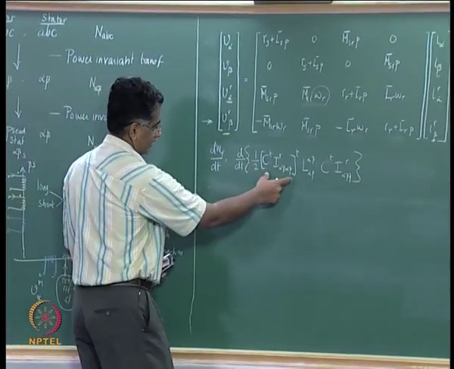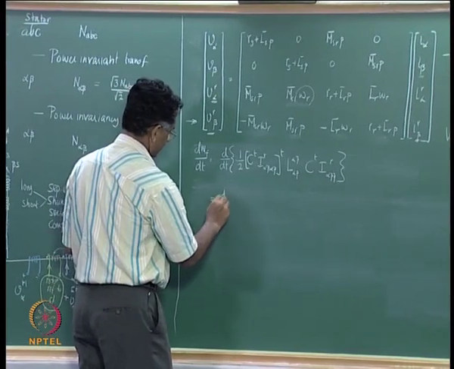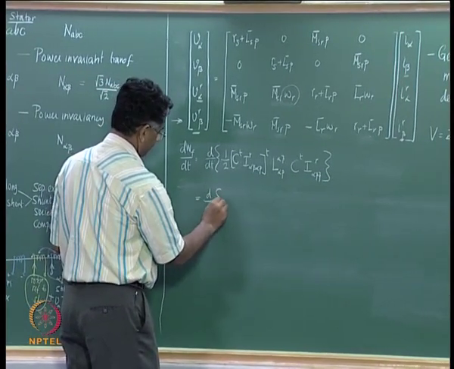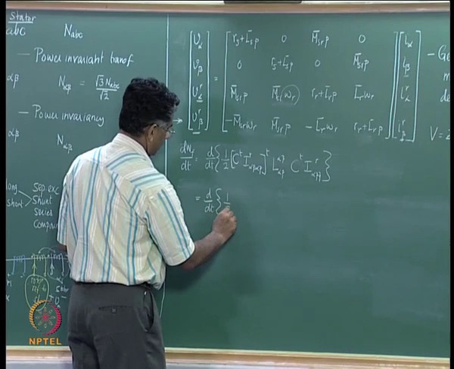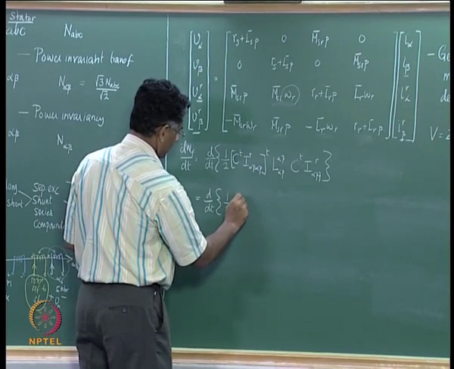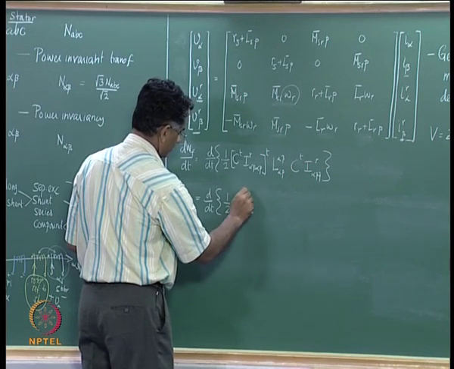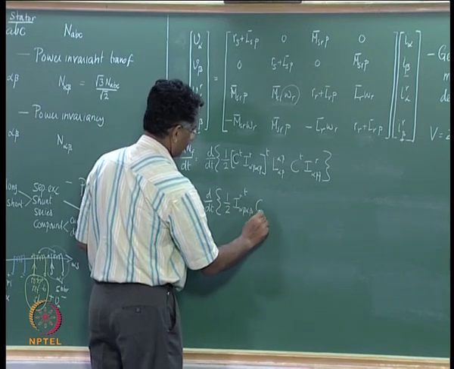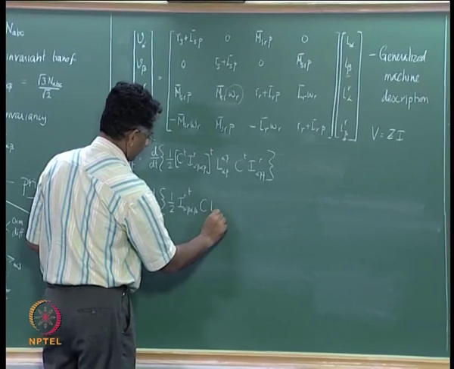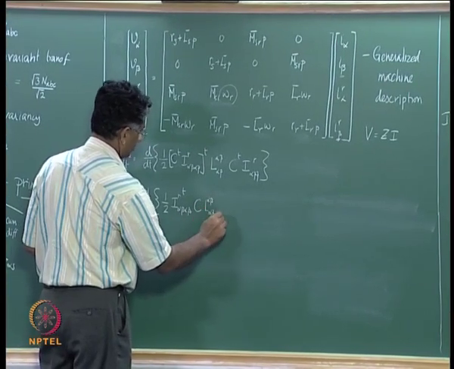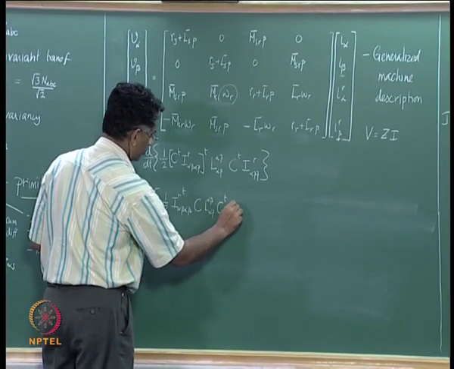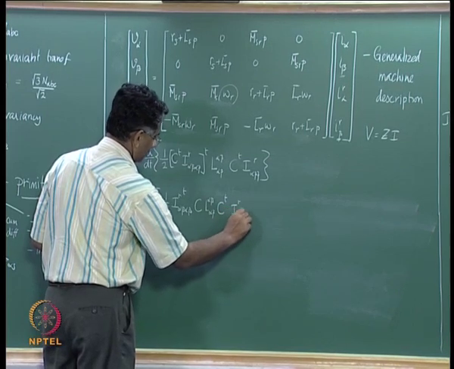So let us expand this. This is nothing but d by dt of half of I r alpha beta transpose multiplied by C L alpha beta C transpose I r alpha beta.